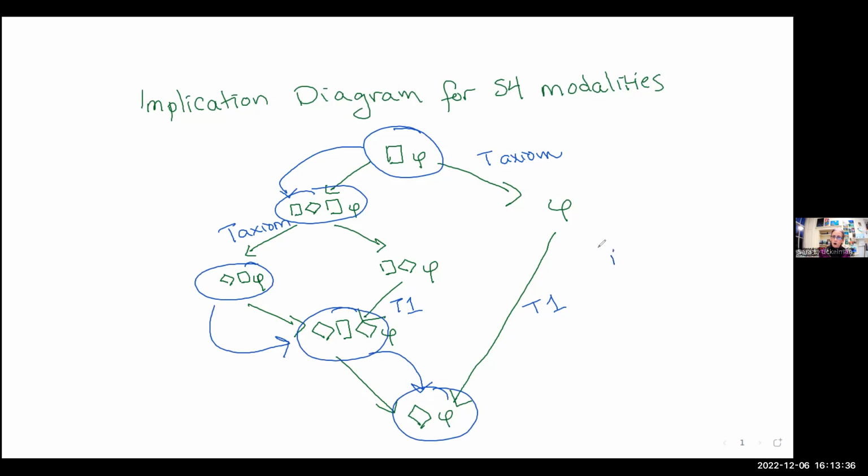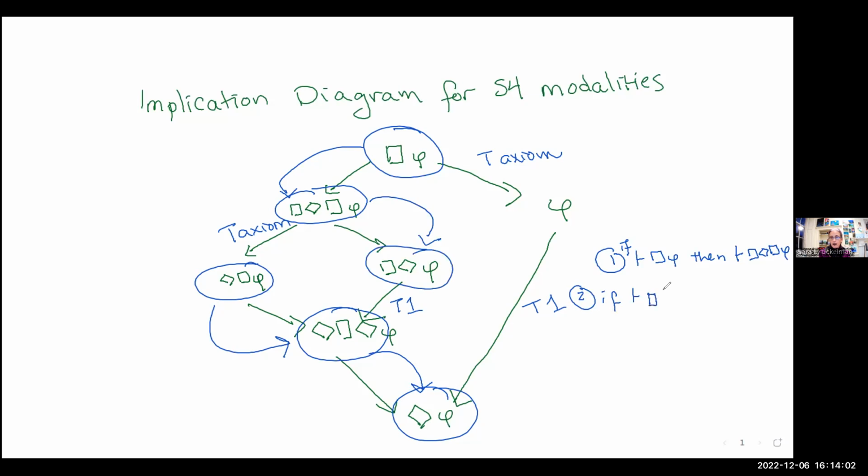So I'm going to give you some homework. The first one says: show that if you can prove that phi is necessary, then you can prove that it is necessarily possibly necessary. Second piece of homework, there's actually another one because we need to go from here to here. So I'm going to give you 4 pieces of homework.